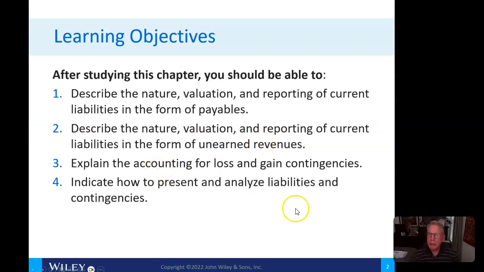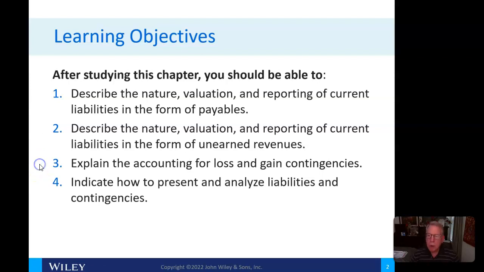Our learning objectives include 4 items here. We're going to describe the nature, valuation, and reporting of current liabilities in the form of payables. Number 2, we're going to describe the nature, valuation, and reporting of current liabilities in the form of unearned revenues.